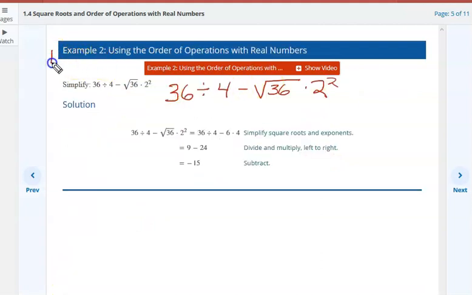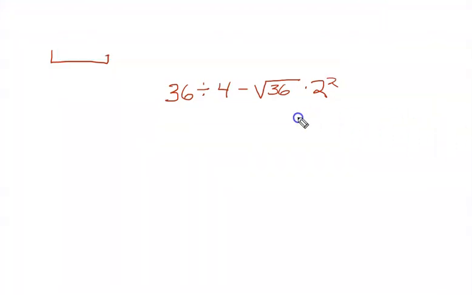Now for example 2, I've written it large here. This is going to go through the protocol. Please excuse my dear Aunt Sally for doing this particular example, and we're going to use a whiteboard for this. So again, there are no parentheses.